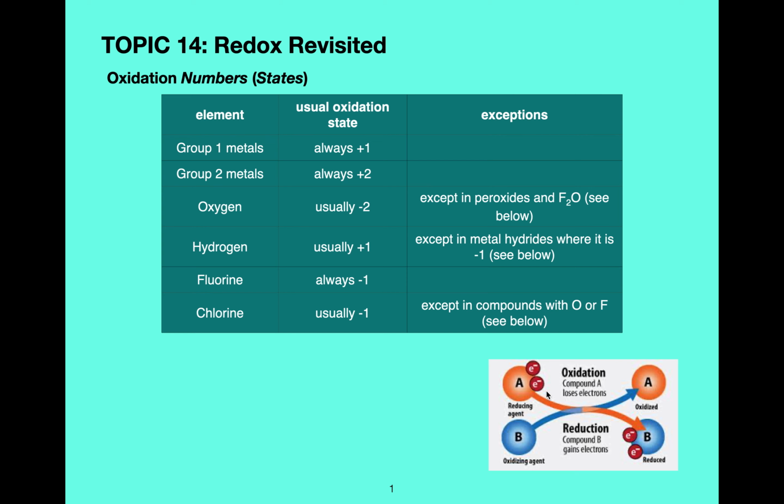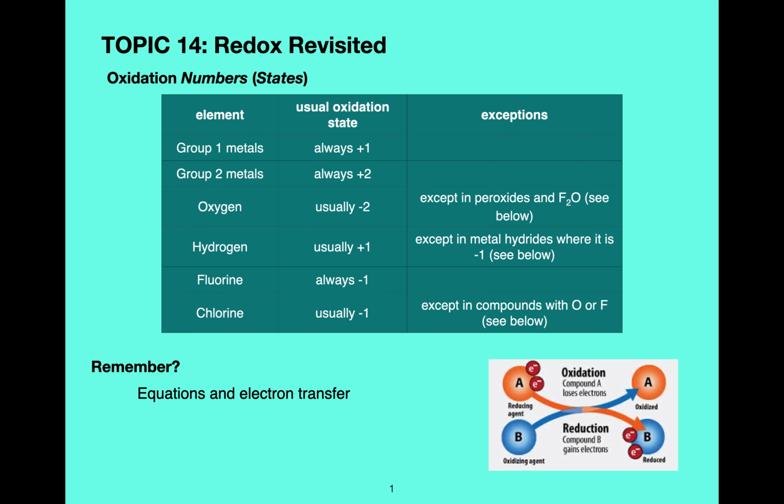So if it gains electrons, it's reduced here. And if it loses electrons, it's oxidized. Oxidation is a loss of electrons. So these two electrons here are being given to B, and B is reduced. Okay, let's get that clear in your head.